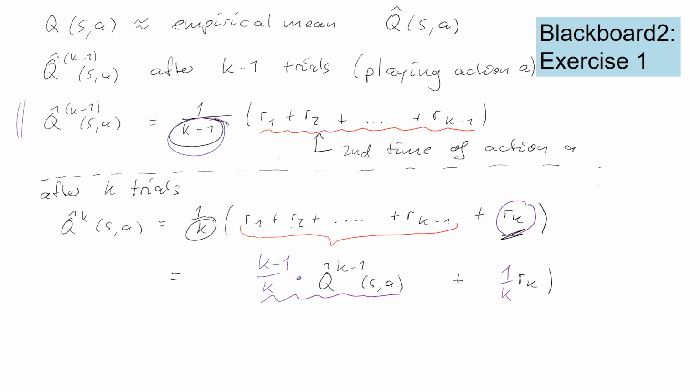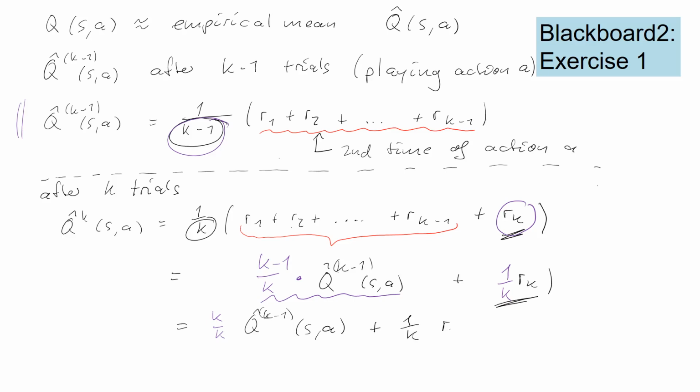Now, how can I write this K minus 1 divided by K? I can write it as K over K minus 1 over K. So let's do this. I have K over K, Q hat K minus 1 of S and A, plus 1 over K from here, RK.